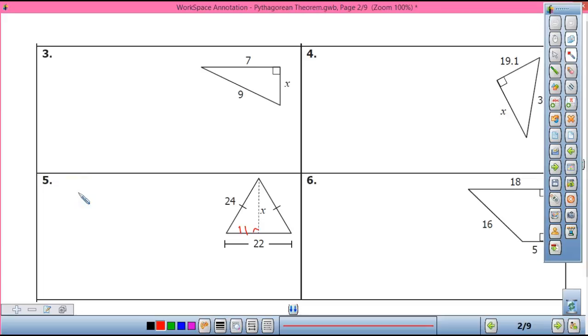Okay, so what is my 11 squared? 121 plus x squared equals, which is, what is it? 576. So I've got to subtract, so x squared equals 455. So my x is 21.3.